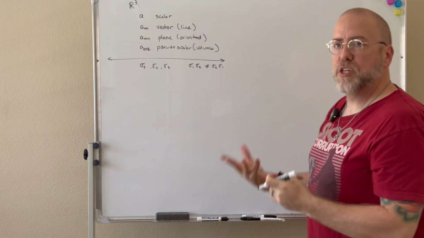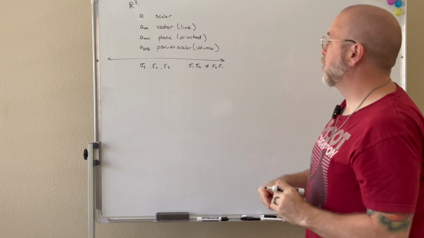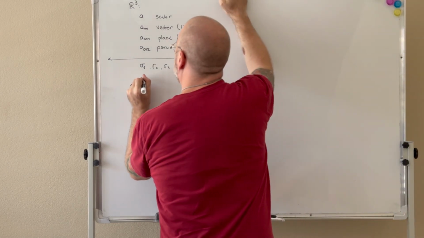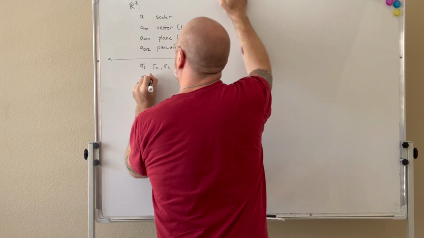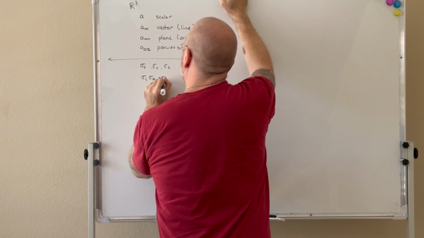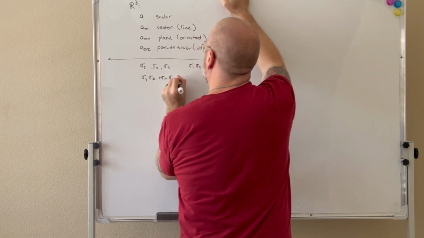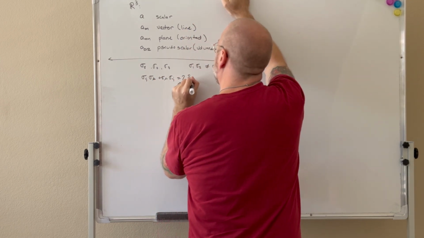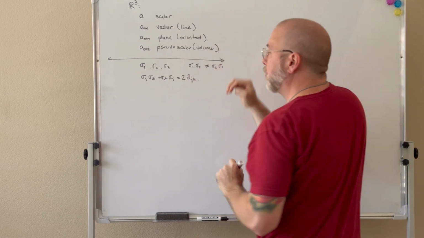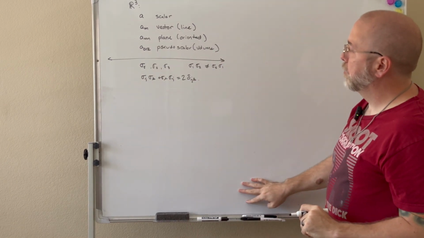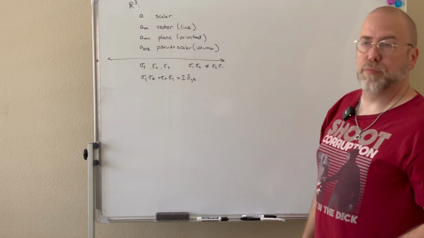So what is the rule, though? And this is where the Clifford algebra part comes in. The rule, for R3 anyway, is as follows.